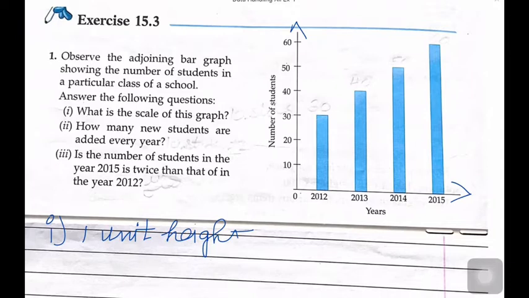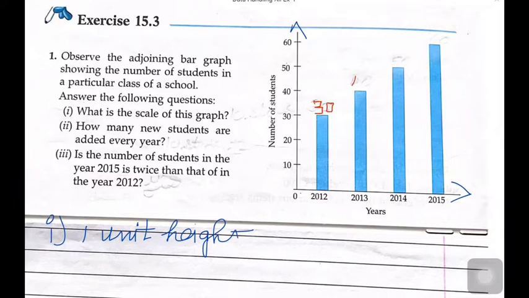So let's start. The first question is: observe the adjoining bar graph showing the number of students in a particular class of a school. एक स्कूल के एक क्लास में डिफरेंट ईयर्स में कितने स्टूडेंट्स थे उसका ये ग्राफ है. As you can see, in 2012 there were 30 students.